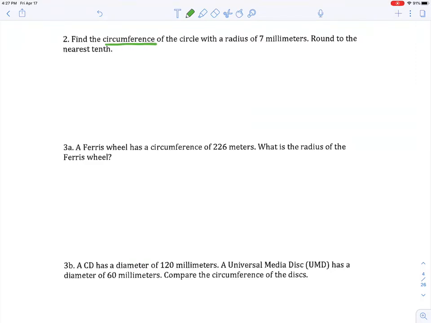Find the circumference of a circle with a radius of 7. Round to the nearest tenth again. So first I would see that my radius equals 7. In this case, they give me the radius, so I'm going to choose the circumference formula that uses r instead. I'm going to plug into my calculator 2 times pi times 7.